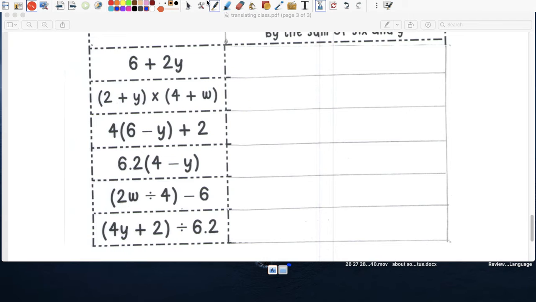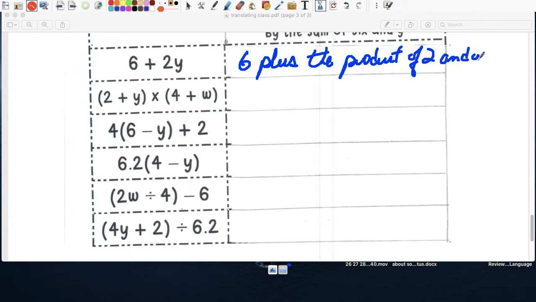You don't have to be too complicated. You can be very simple if you like. So, okay, 6 plus the product of 2 and y.